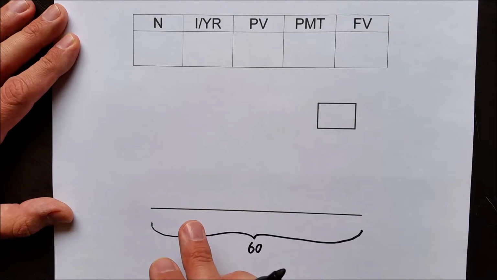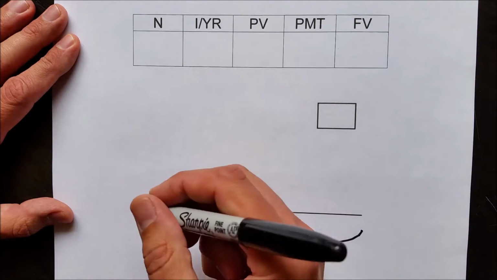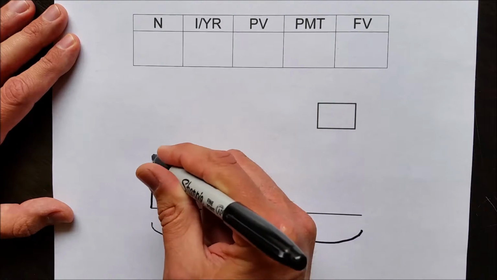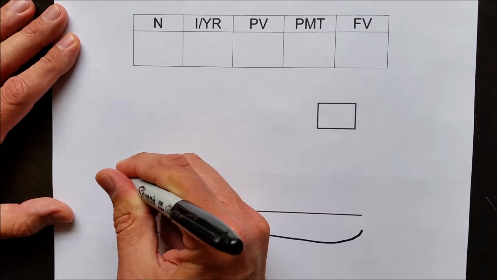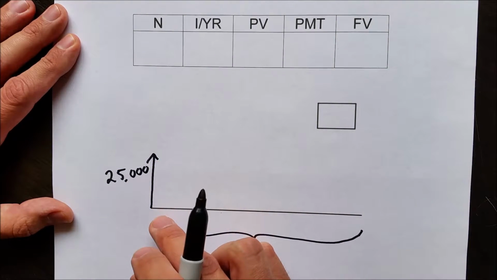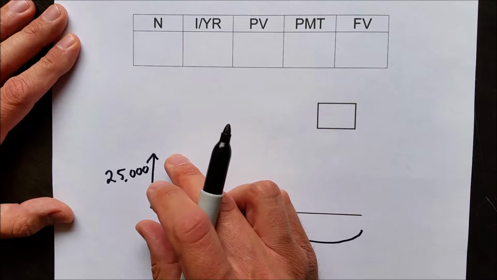And so then from here we know that the car loan is going to be $25,000. The way that we show that on the cash flow diagram is with an up arrow, and we put 25,000 next to it. Now this up arrow represents money coming towards Sheila.